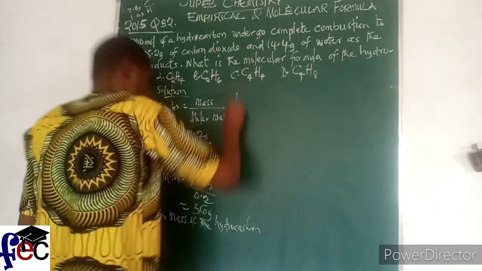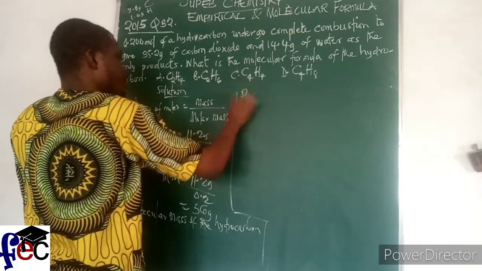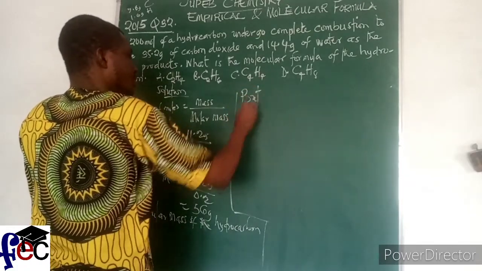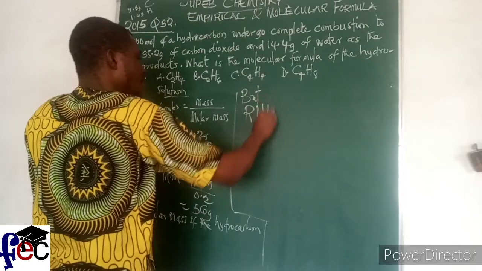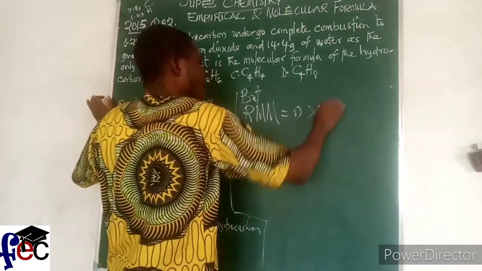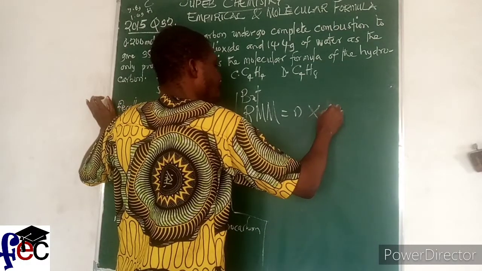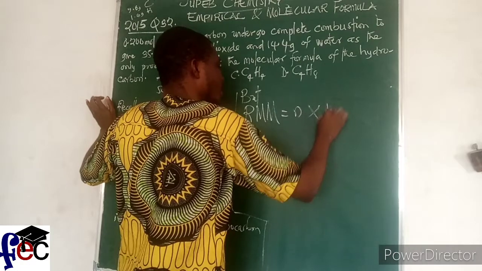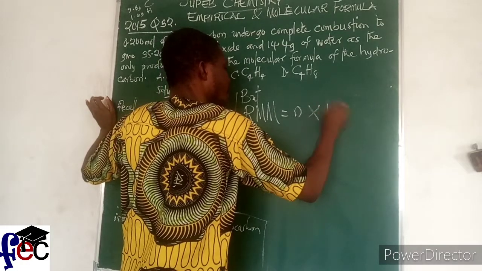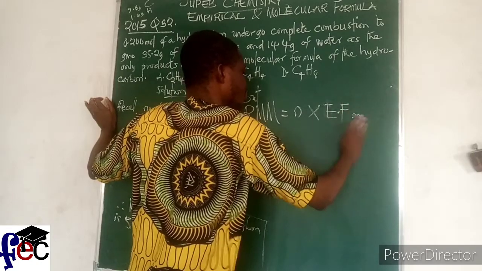Alright. So I can now say that relative molecular mass is equal to N multiplied by the empirical formula mass.